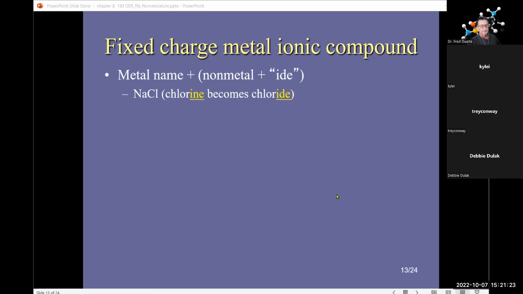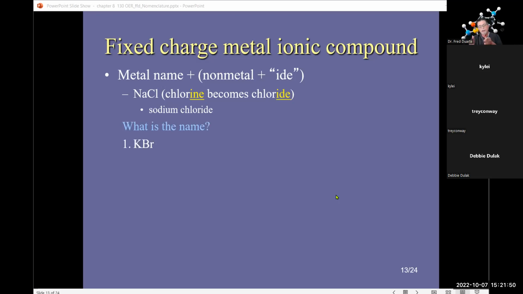So Na and Cl is simply sodium chloride, NaCl. It would be incorrect to say sodium chlorine, because chlorine indicates the diatomic element. Chloride indicates the ion of chlorine.